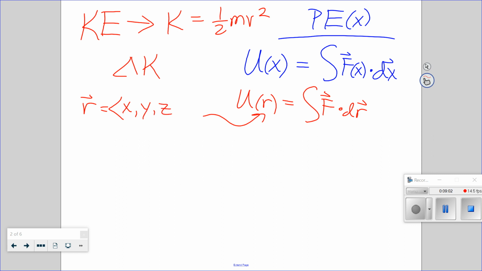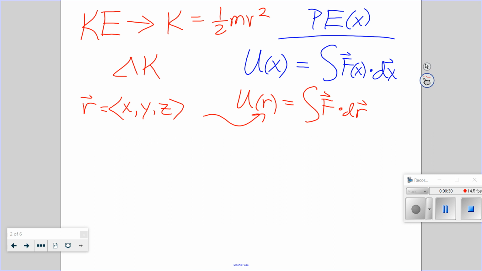That's what they mean by r, but actually it's usually going to be a function of just one of those. Just x, just y. Most systems reduce to x, y, or z. We can handle it in one direction, or we can make it r and do the radial direction. With gravity, a lot of times we're going to need radially inward, radially outward. So we reduce it to one dimension whenever we can.